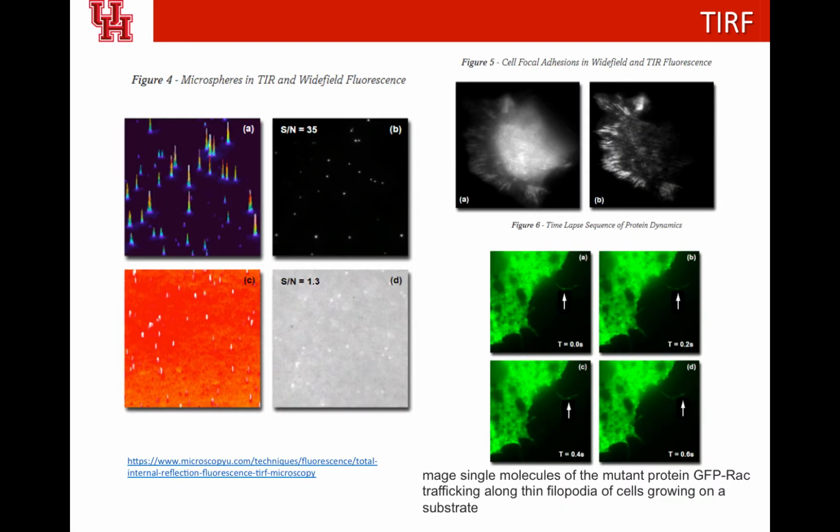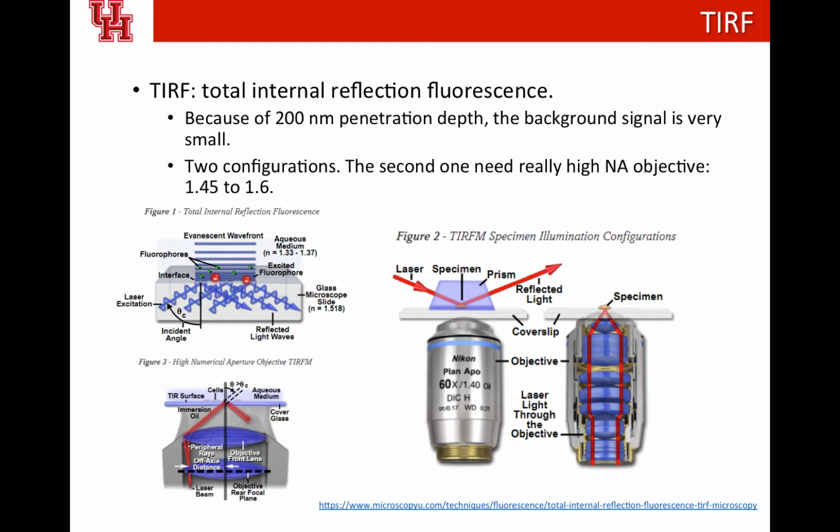So the advantage of TIRF is that now you have a totally dark background, right? Because your penetration depth is only 200 nanometers, you only image within this 200 nanometers. So the background signal from other locations will be minimized. You only have the signal within this 200 nanometer range in the z direction.